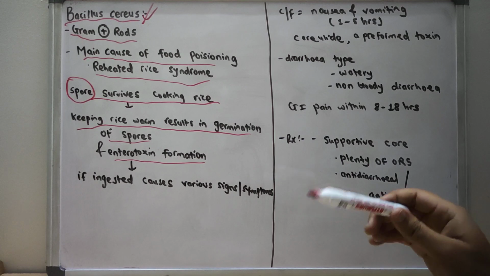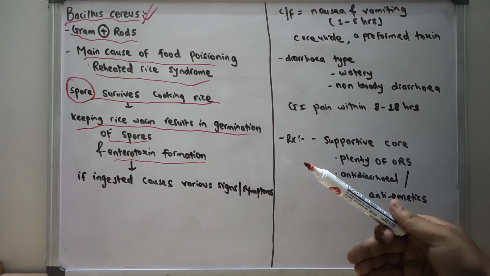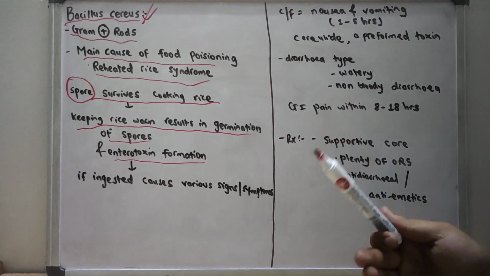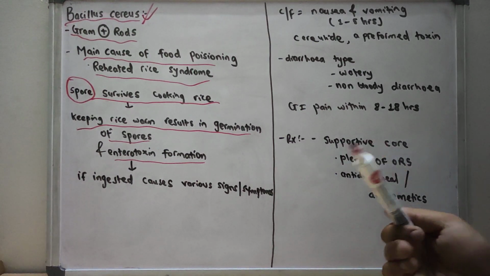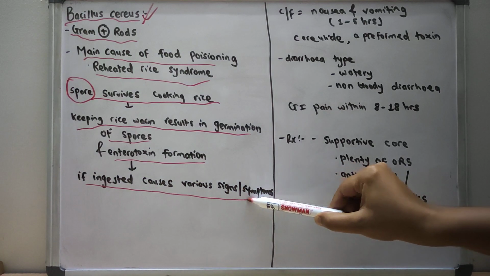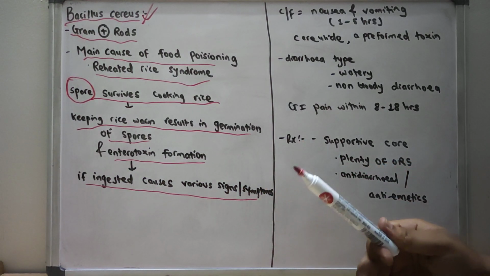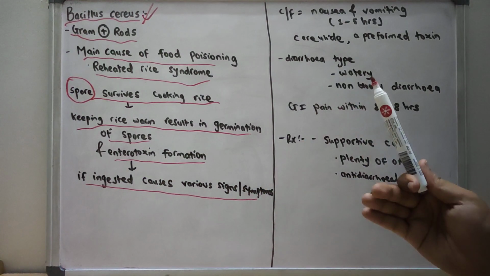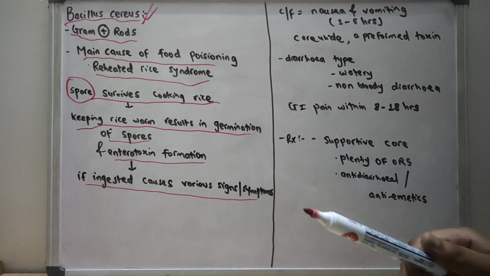So if we ingest those spores in a large amount, due to this enterotoxin, the ingested spores cause various signs and symptoms. We'll talk about those signs and symptoms in detail.